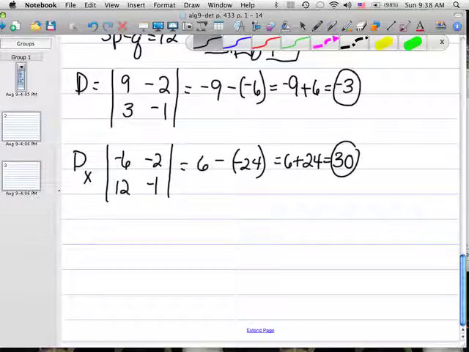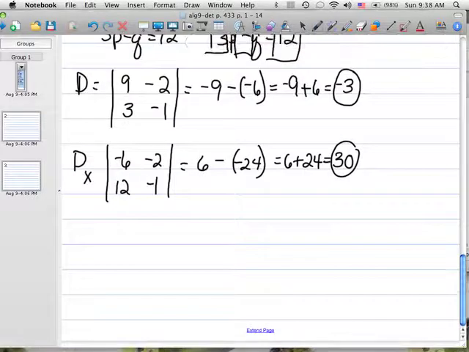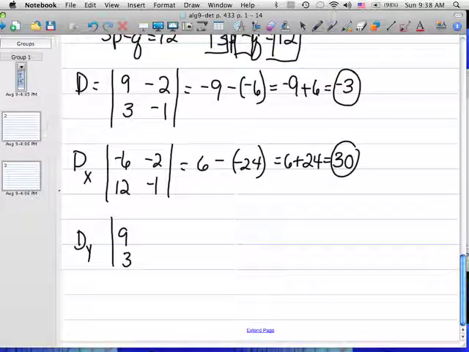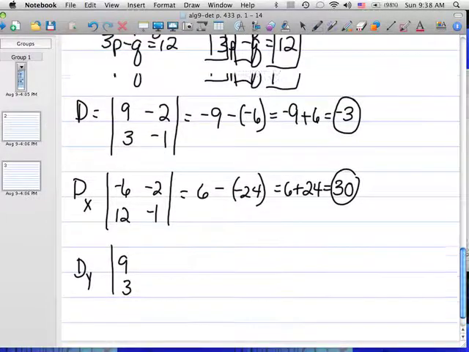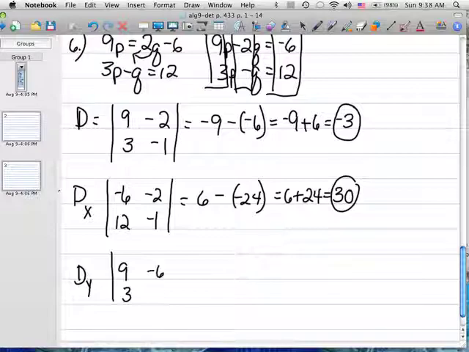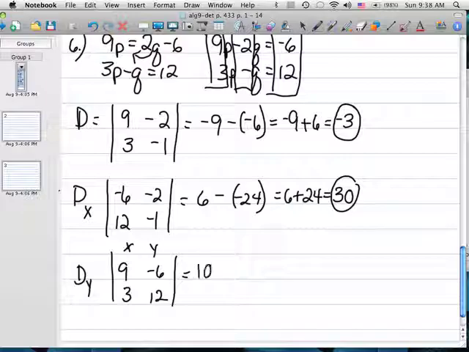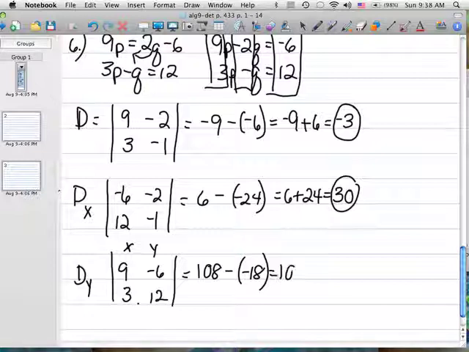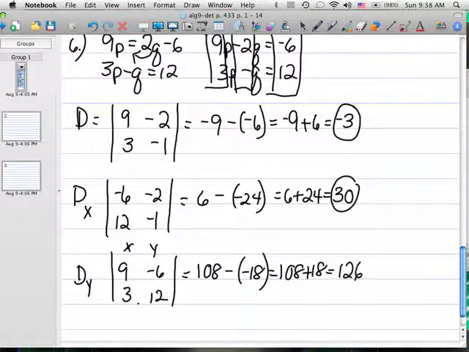And then the matrix for the y value, since I'm looking for y, I leave the x column alone. I put the constants in, which were negative 6 and 12, in the y column. This is the x, this is the y. Doing the multiplication, 9 times 12 is 108, minus negative 6 times 3 is negative 18. So that's 108 plus 18, which is 126.